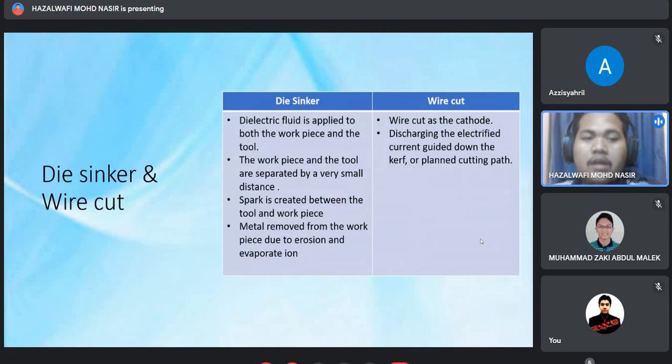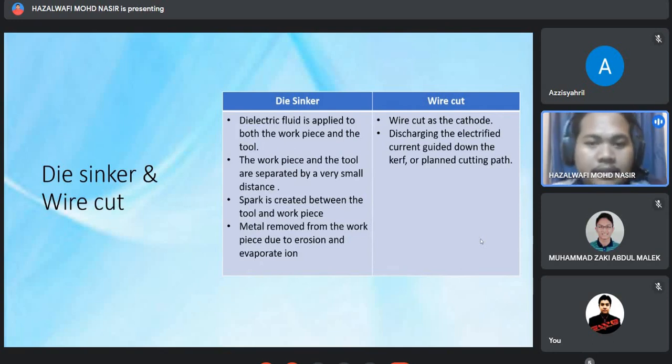Okay, there are two common EDM types. The first is die sinker and the second is wire cut. For the die sinker, dielectric fluid is applied to both the workpiece and the tool, and the workpiece and the tool are separated by a small gap.